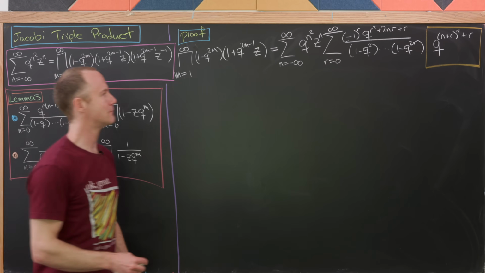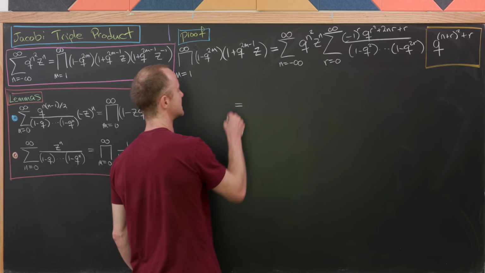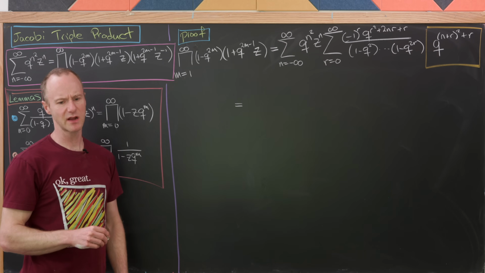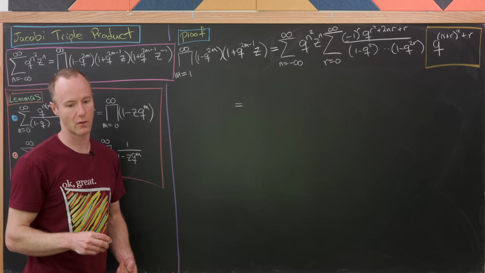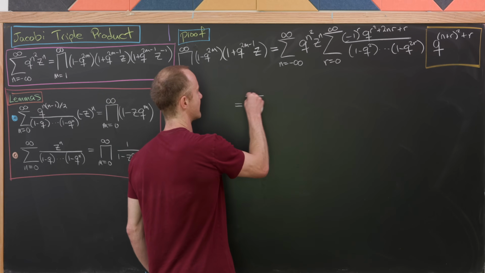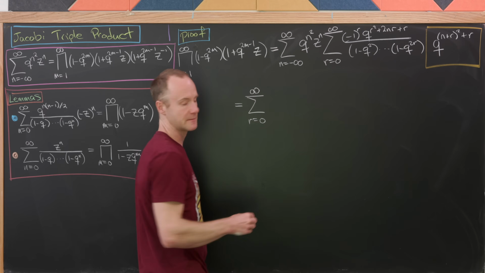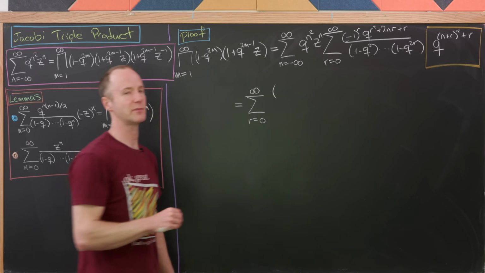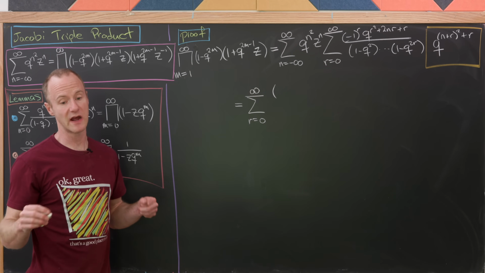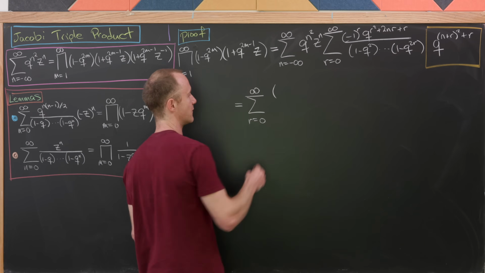Okay, and then that motivates us to split this into two pieces. And I'm going to change the order of summation while we're at it. So we're going to have the sum as r goes from 0 up to infinity. And now I'm going to write something down that's a little bit crazy, but we'll talk through how it all simplifies to what we had before.